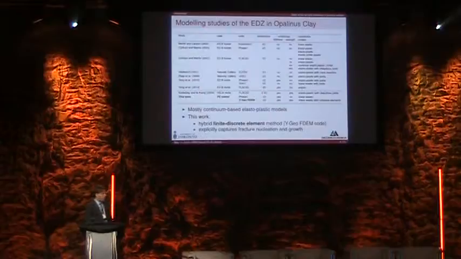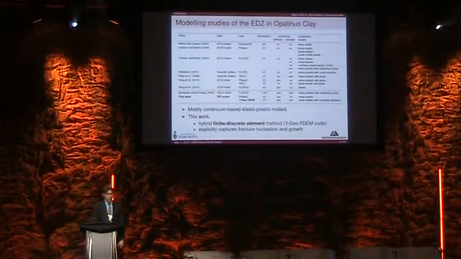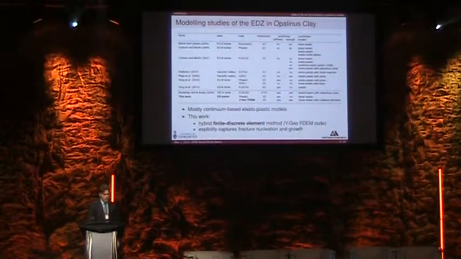Some work has been done using these continuum models, UDEC and 3DEC and so on, but the focus there was mostly on the effect of pre-existing discontinuities, not on the fracturing process itself. So with my work, the idea was to use a code that can explicitly reproduce the fracturing process, and this is a code based on a hybrid finite-discrete element method.